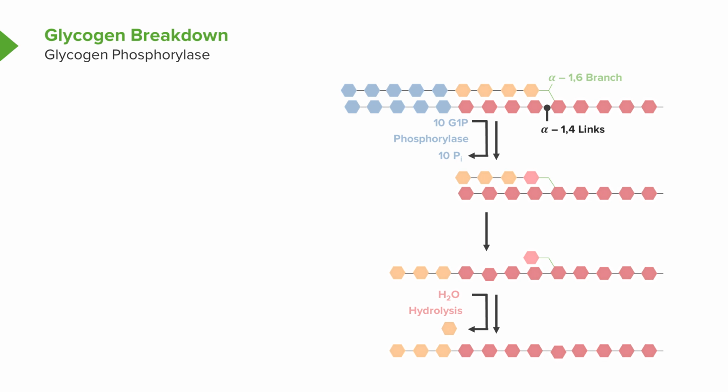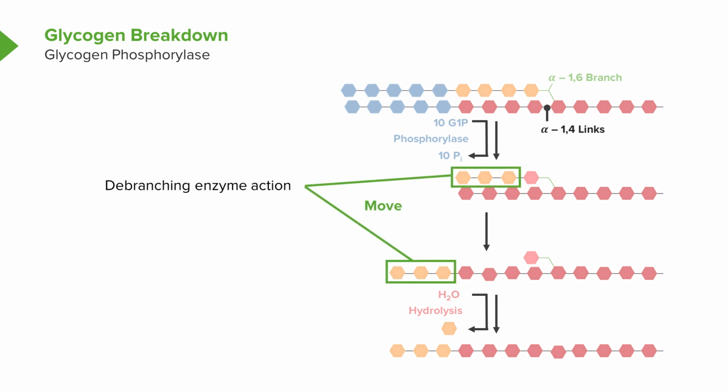So as the enzyme acts, it goes through and releases those 10 sequentially in the reaction that I showed at the beginning of this lecture. It takes 10 phosphates, and 10 glucose 1-phosphates are produced as a result. Now, at that point, glycogen phosphorylase won't go any further. So glycogen phosphorylase has a limit in how close to a branch it will work. You note that the branch is at the base of the yellow molecules shown on the very top.